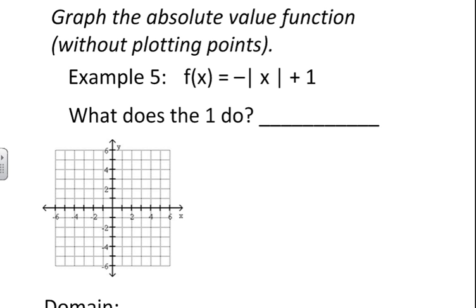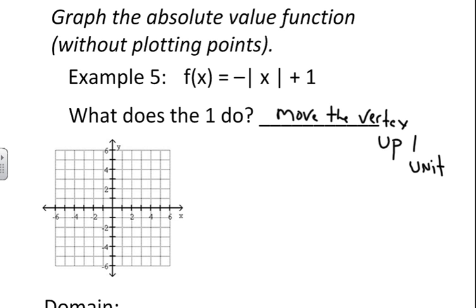Graph the absolute value function without plotting points. All right, so we have a negative absolute value plus 1. The plus 1 is going to move the vertex up 1 unit.